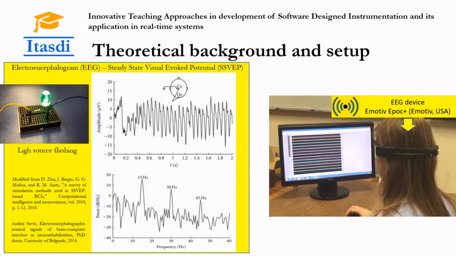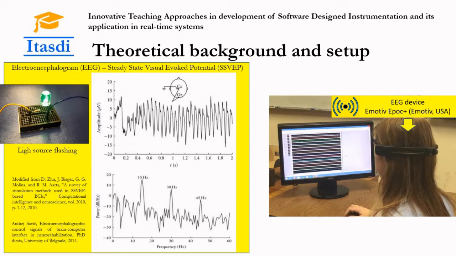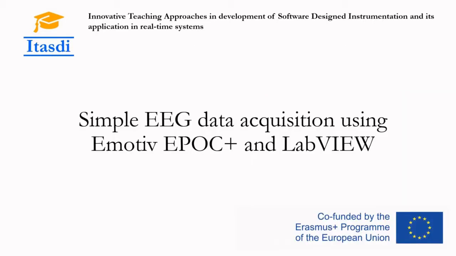A 14-channel EEG Emotiv EPOC device with semi-dry electrodes was used. This device acquires EEG data and sends it wirelessly to the computer for further processing and data logging.